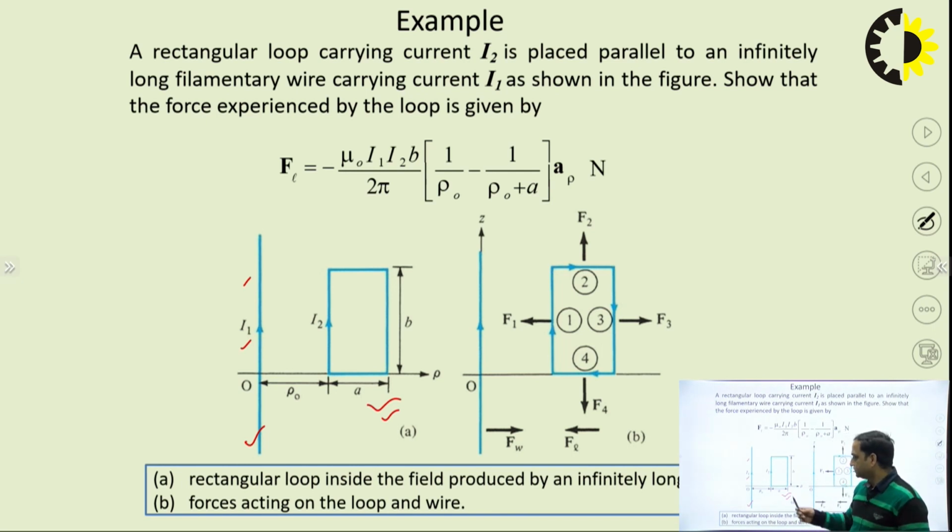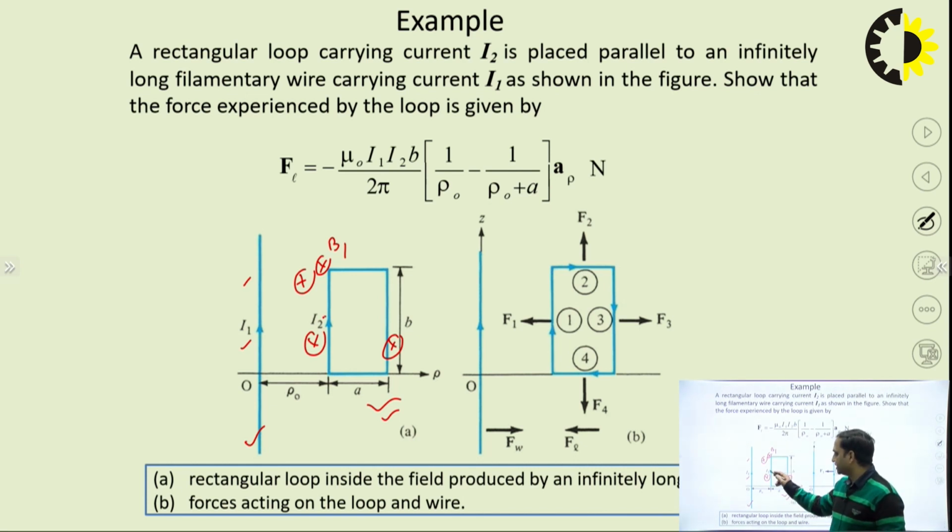So the direction of H will be from this one, and the direction of the magnetic field will be this one everywhere. So the magnetic field is there, and we have to find the force onto this loop.